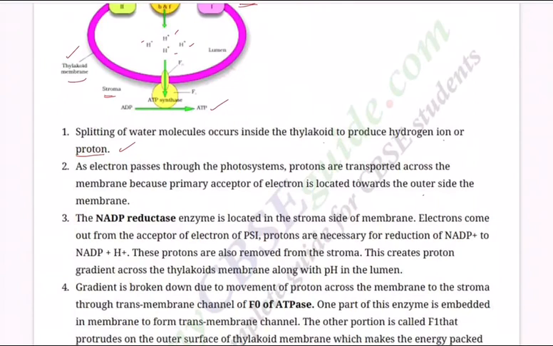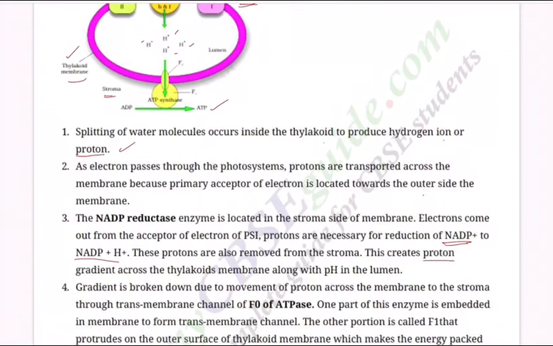Electrons come out from the acceptor of electron of PS1. Protons are necessary for reduction of NADP plus to NADPH. So, these protons are also removed from the stroma. This creates proton gradient.